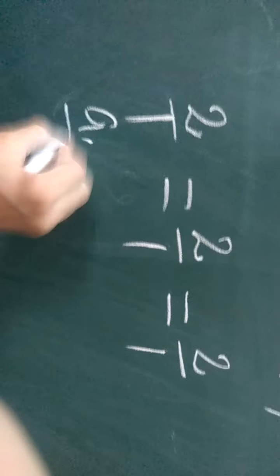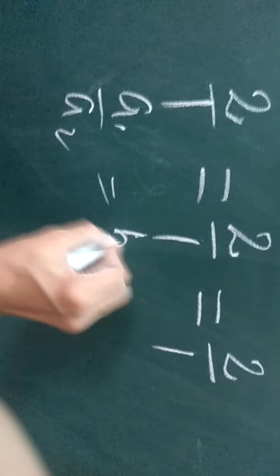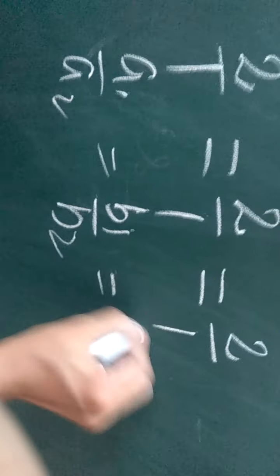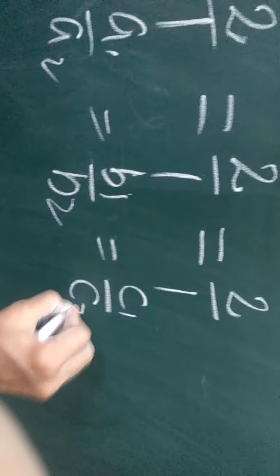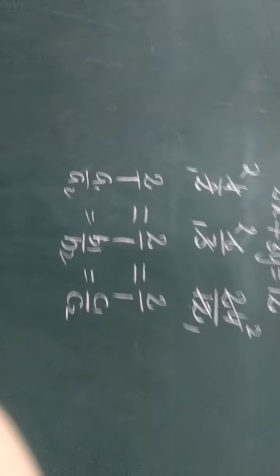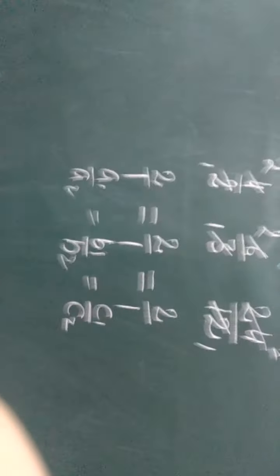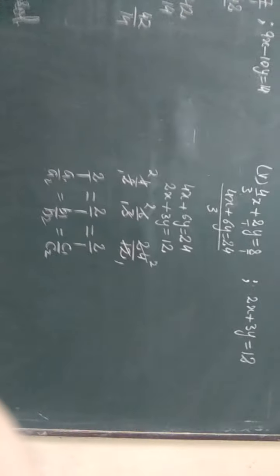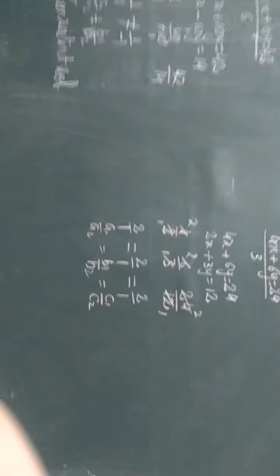That means all the three ratios are equal. A1 by A2 is equal to B1 by B2 is equal to C1 by C2. That is, the third case is there. And for the third case, again we will write consistent solution. We can write consistent but dependent also, or we can write it as only consistent solution.